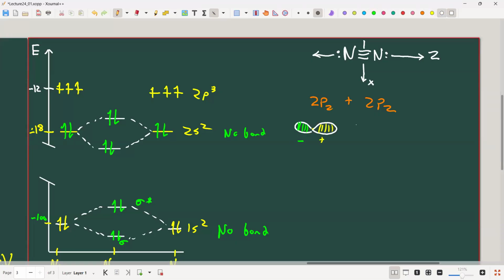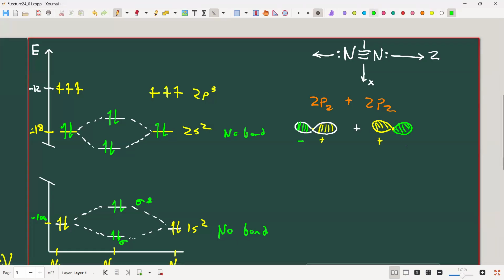And we're going to add it to our other nitrogen, which has the same alignment as before. I'll just color code it this time. And we can see when we add these together, we have a constructive overlap between the two lobes pointing at each other. They're both positive, they're both aligned, and they're going to share. So we have some nice overlap between these.